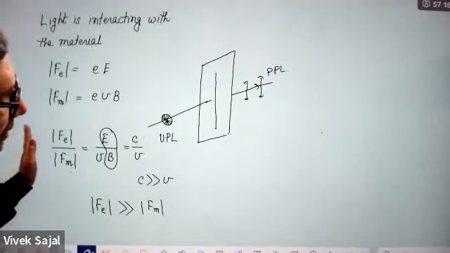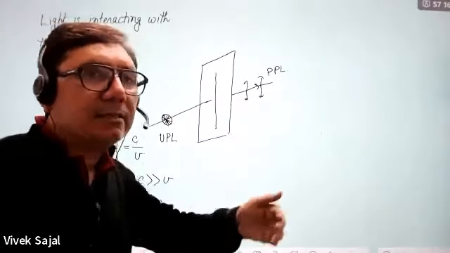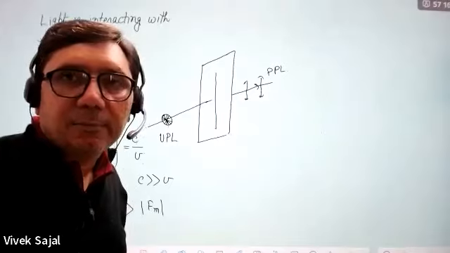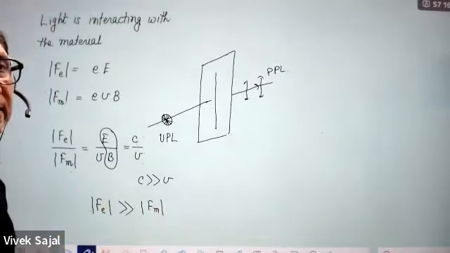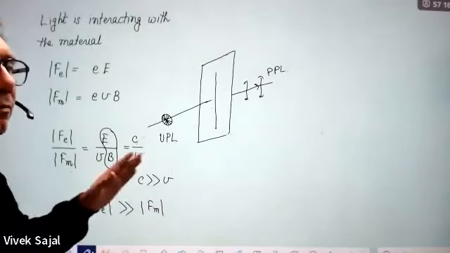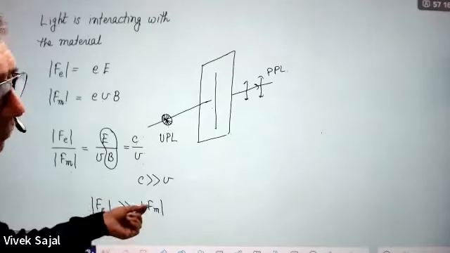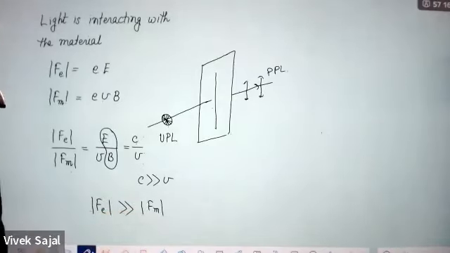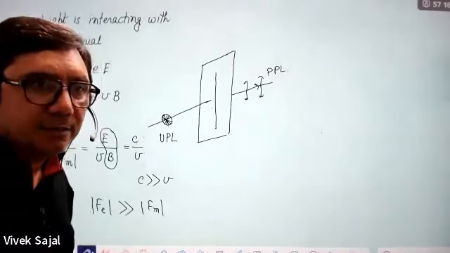That's why, during the interaction of light with the material, the polarization that takes place is dominated by the electric vector. We consider only the electric vector during the study of polarization. This magnetic force is very, very weak as compared to the electric force. So this is the reason why you deal only with electric vectors during polarization.